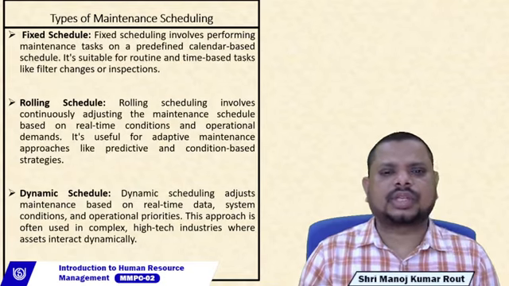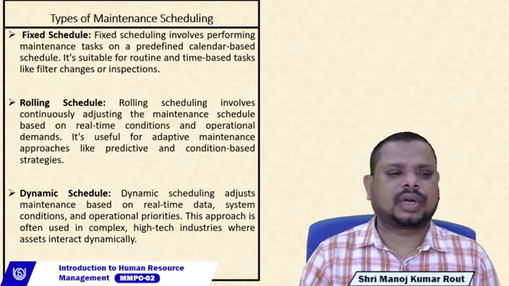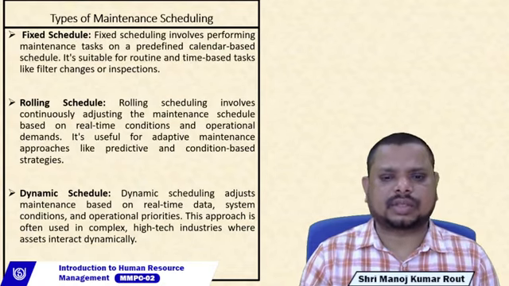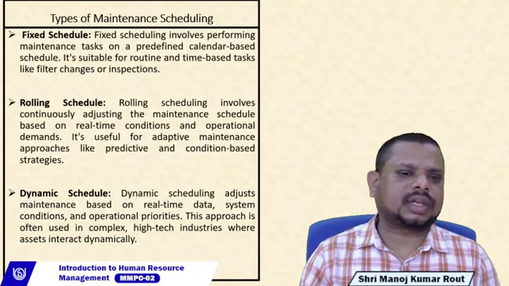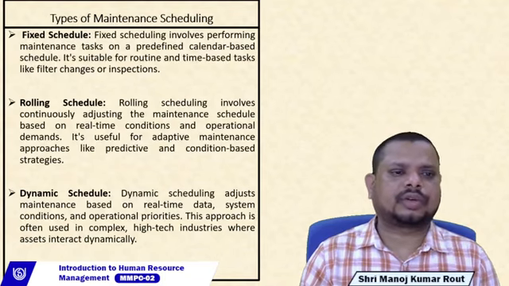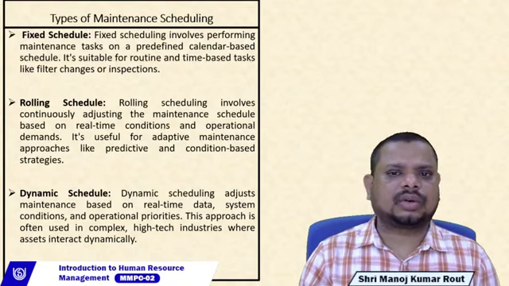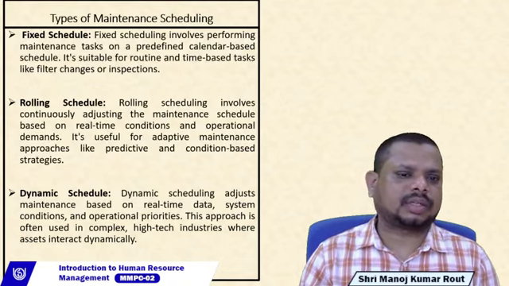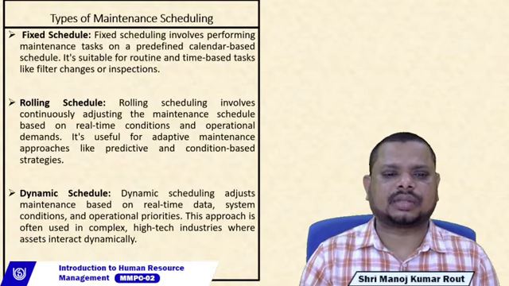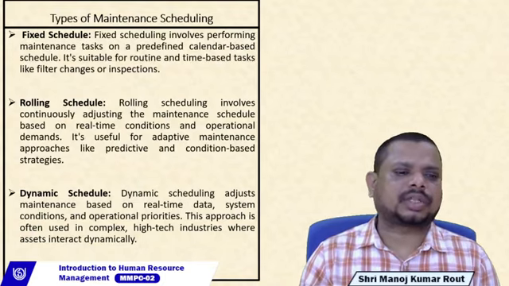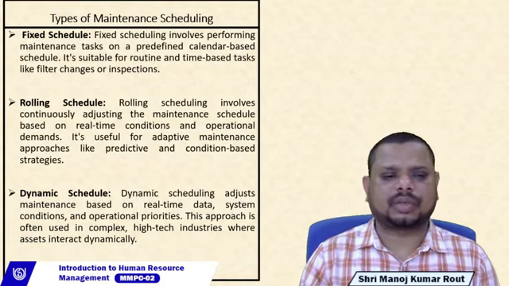Similarly, the rolling schedule involves continuously adjusting the maintenance schedule based on real-time conditions. If there is an emergency, in that case you avoid the fixed schedules and go for rolling schedules. A rolling schedule gives higher priority depending upon real-time conditions, so the operational demand or real-time condition is the most important parameter.